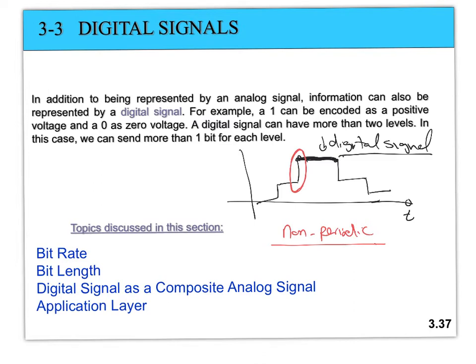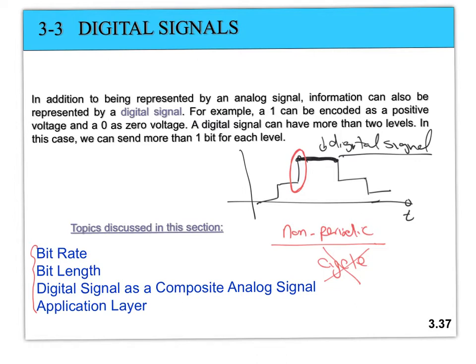Therefore, we don't actually have the notion of a cycle. The concept of a cycle for the digital signal is not valid anymore, because very commonly we talk about non-periodic digital signals. Therefore, we need specific parameters for the digital signal, which we need to talk about today.